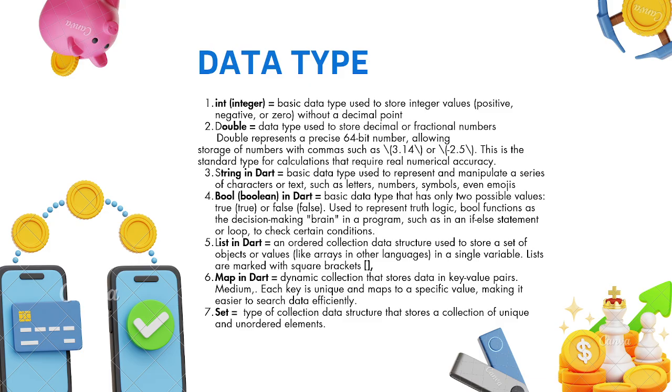Number one, int or integer. Integer is a basic data type used to store integer values, positive, negative, or zero, with no decimal point. For example, 0, 21. Next, number two, double. Double is a data type used to store decimal or fractional numbers.